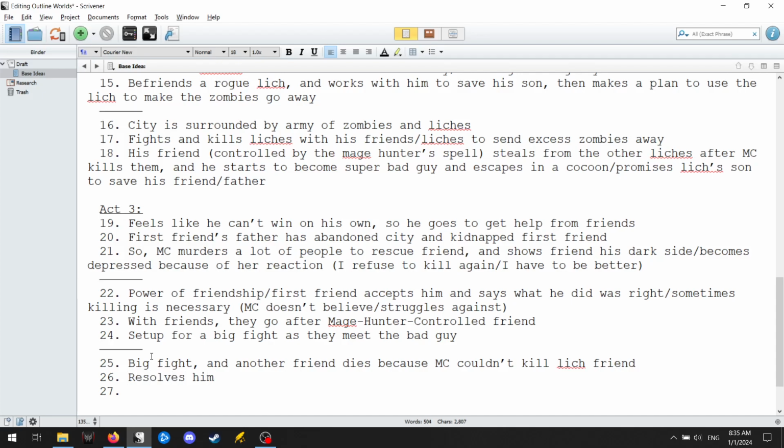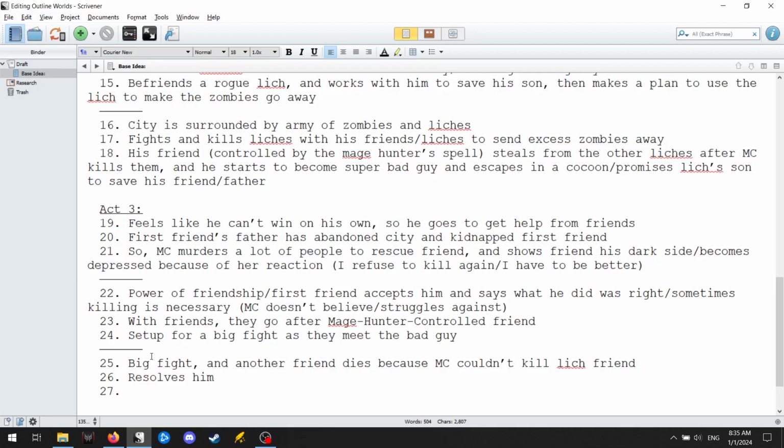So this is kind of the setup: the main character has a chance to end it, but because of the whole murdering so many people in front of his first friend, he's still kind of gun shy about killing someone. He doesn't want his friend to die. And because of that, one of his other friends gets killed by the mind-controlled lich friend.